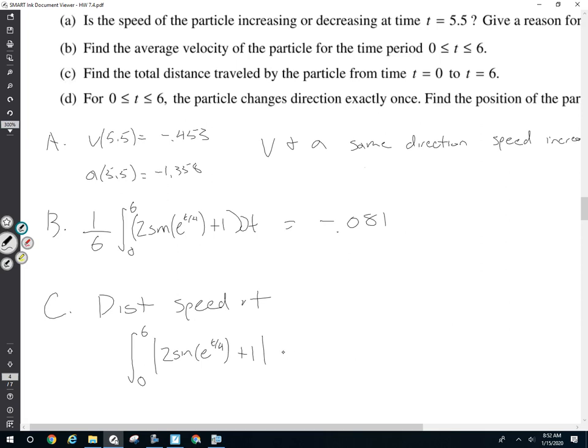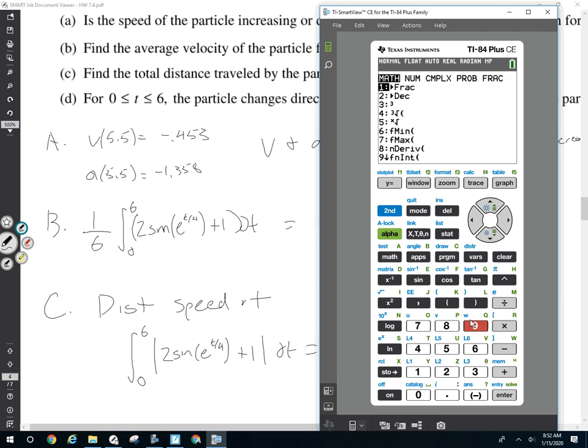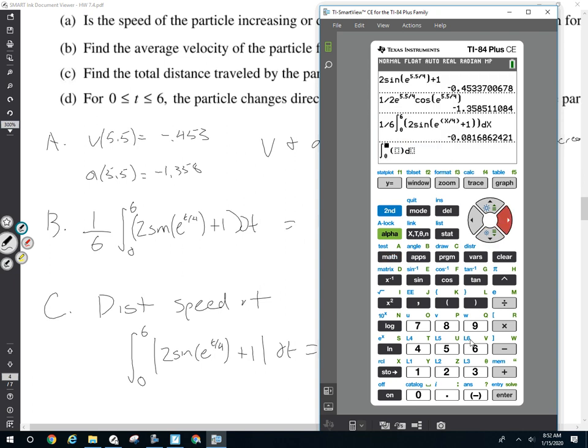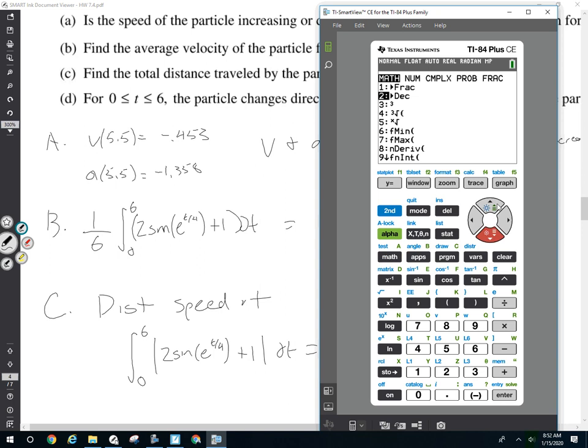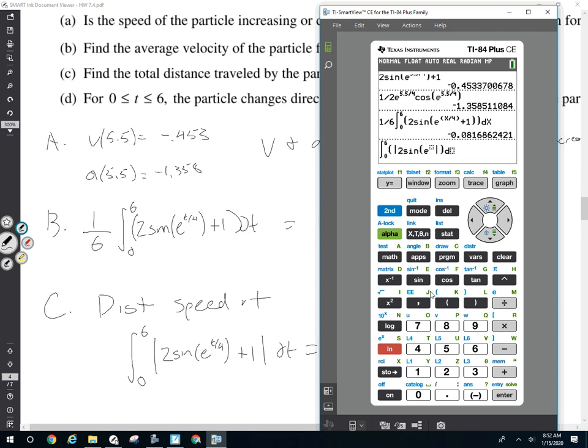Area under my speed graph will give me, I don't think it's actually easy to do. Math 9, 0 to 6 of math num abs, 2 sine(e^(t/4)) plus 1.